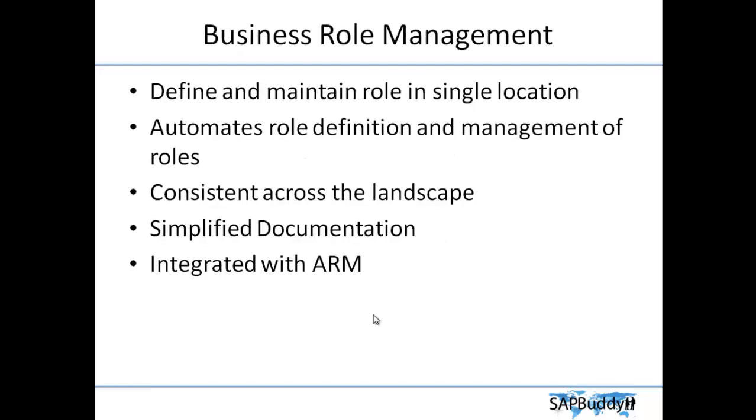Business role management. Business role management is used to define and maintain roles in a single location. That means you can develop or maintain the roles inside the GRC itself for your backend system. So, automated role definition management: you can automate the entire role definition. There are a lot of functionalities, like creating a role based on function. Let's say you have a business function and you want to create a role for it.